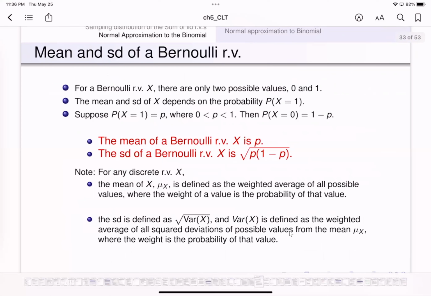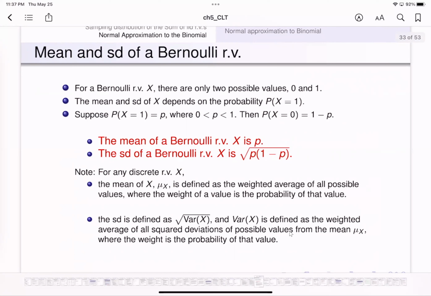The mean and standard deviation of a Bernoulli random variable. For Bernoulli random variables, there are only 2 possible values, 0 and 1. When we learn about the mean, we know that the mean of a random variable is defined as the weighted average of all possible values.